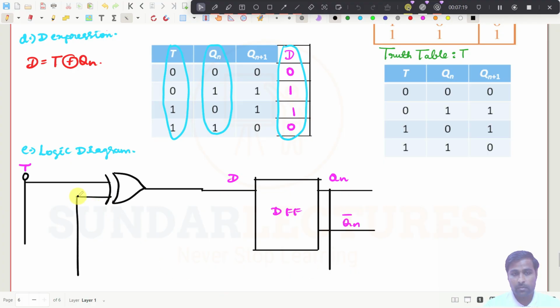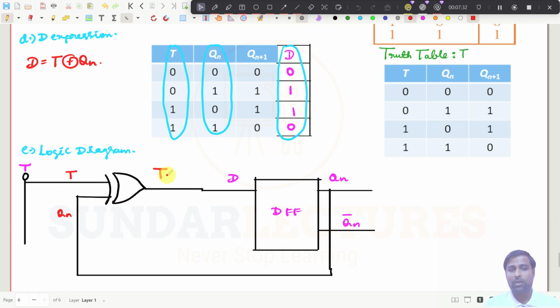So this is the T input and this is Qn bar. So what you will get now is T XOR Qn, right? So you have got this one.